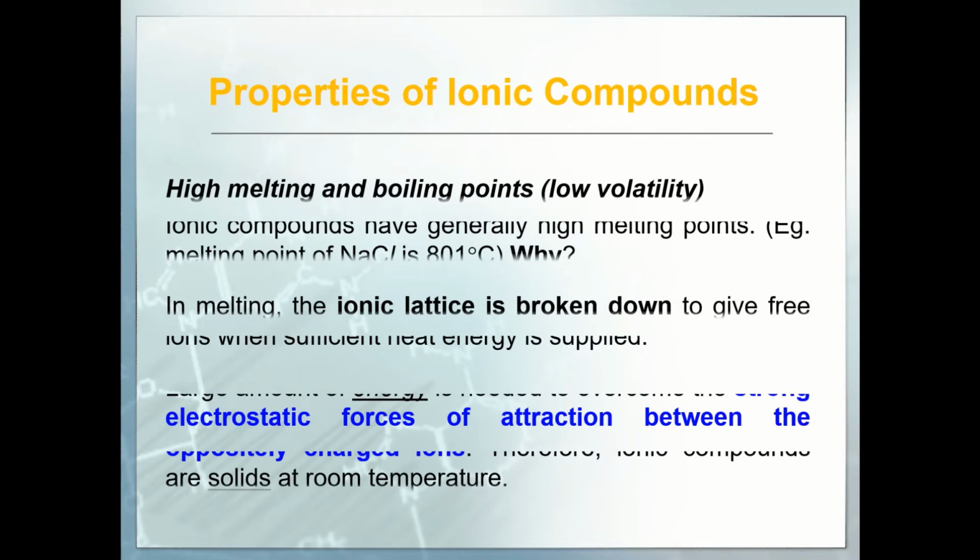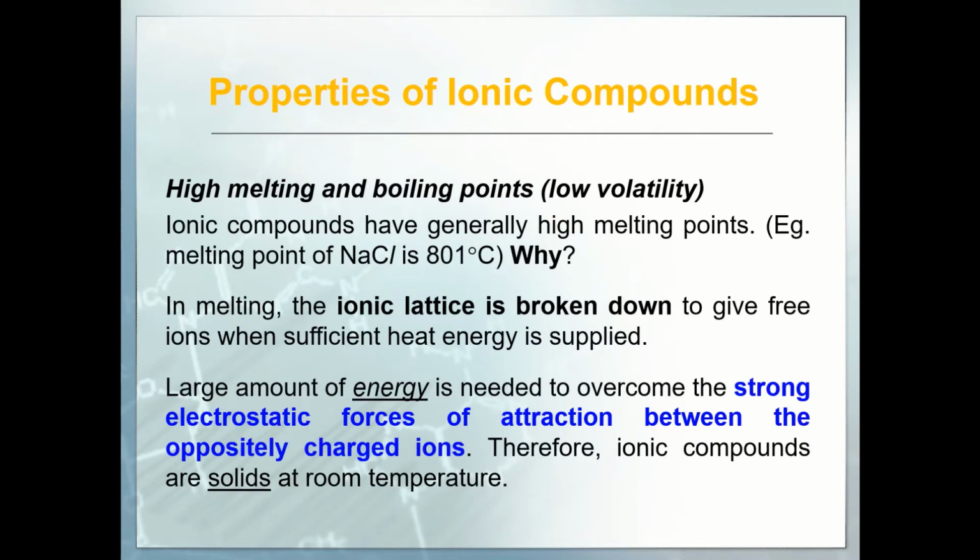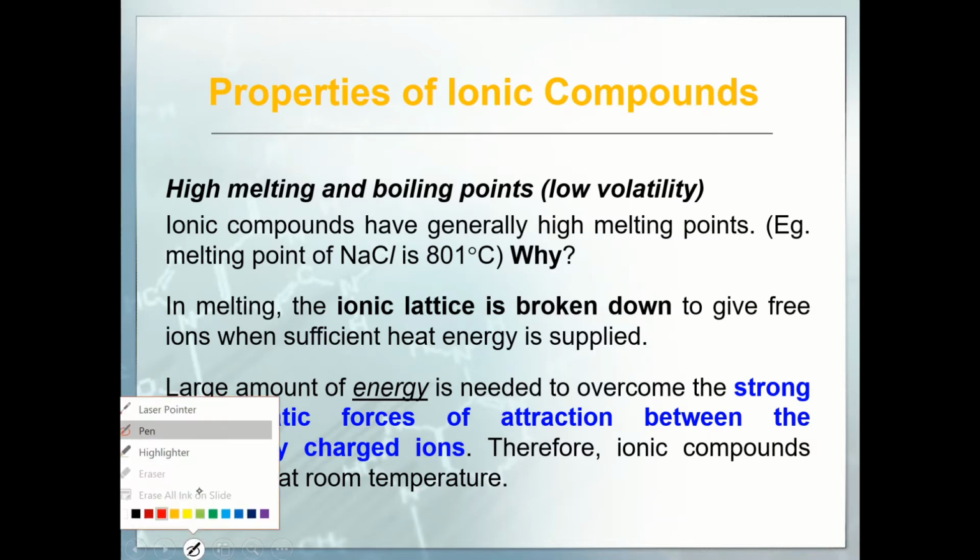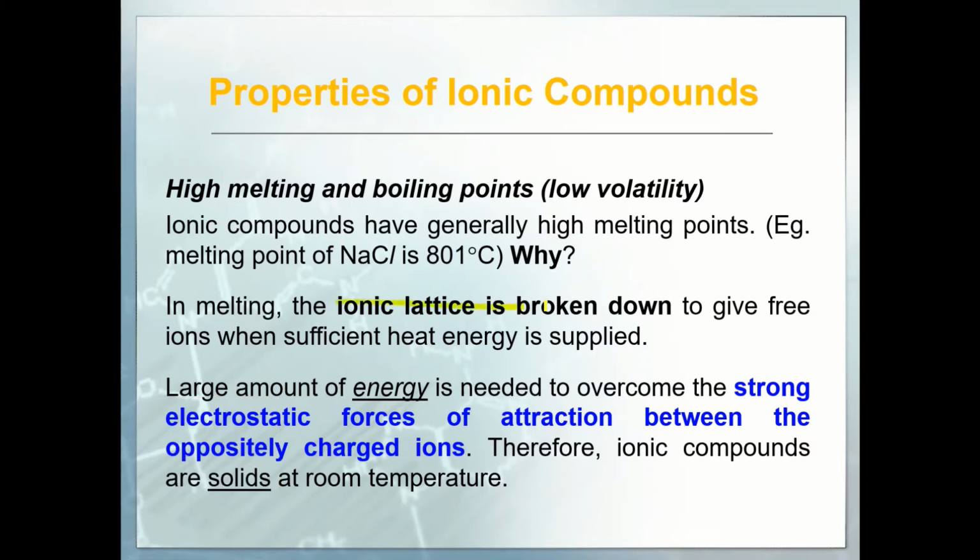You will see that ionic compounds have high melting and high boiling points. Why is that so? Because when we are talking about melting, you need to break down the ionic lattice, and in order to do that, you need to supply heat energy.